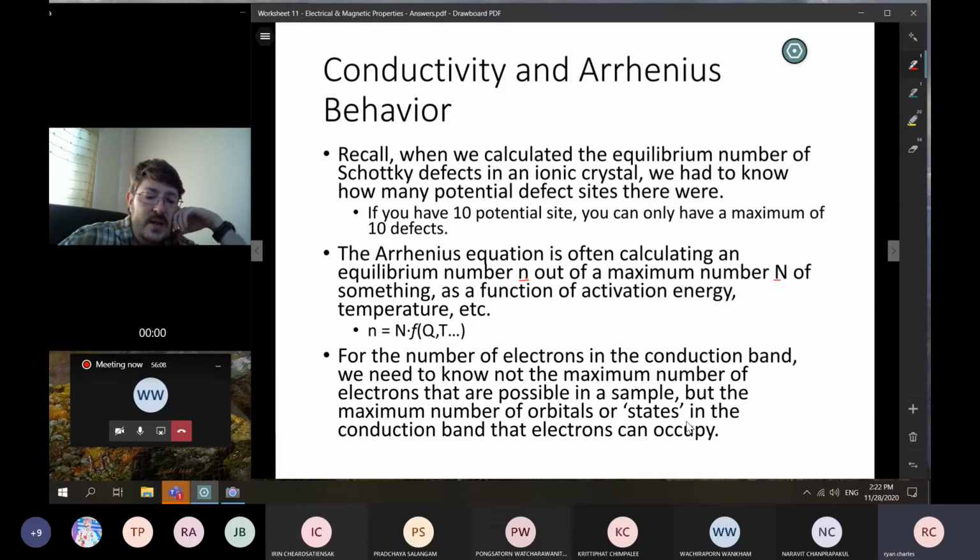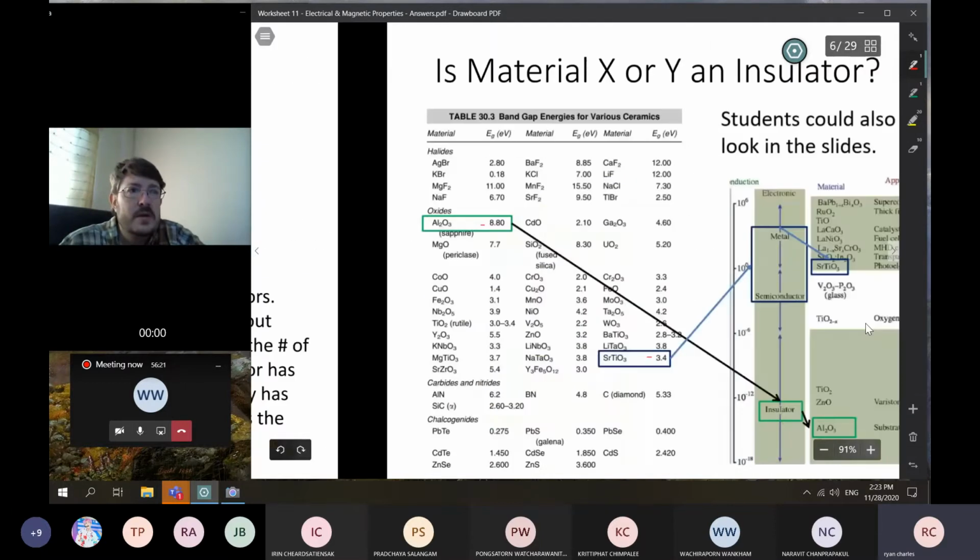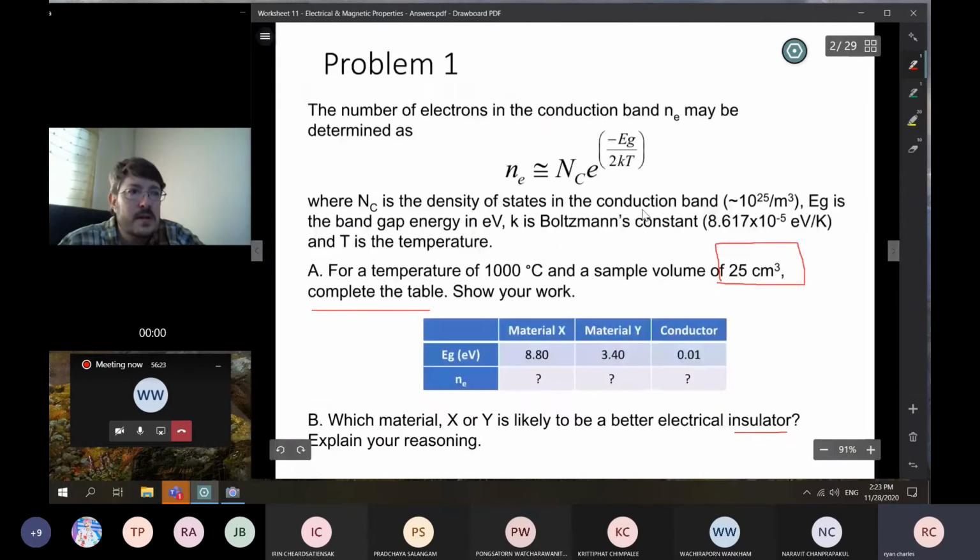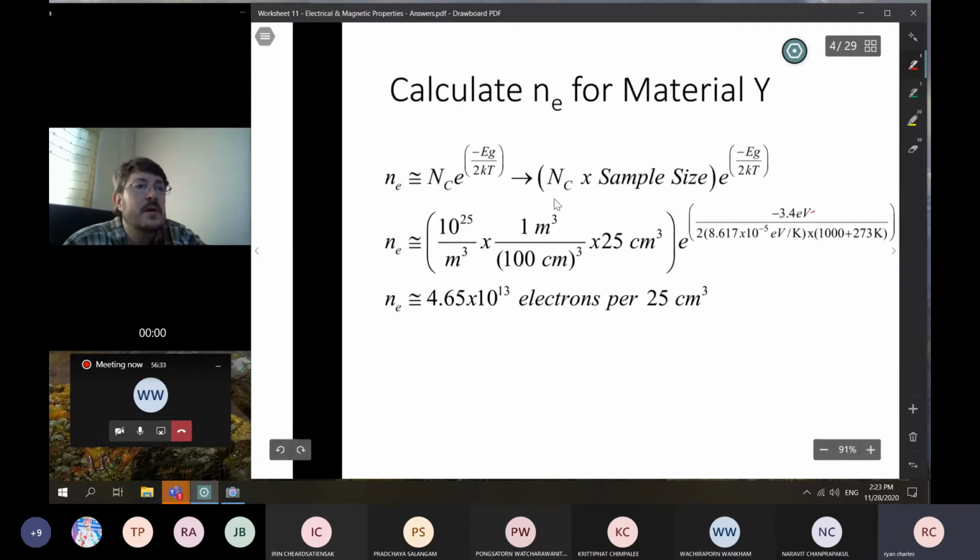The material has an enormous number of electrons, but they can't all go into the conduction band. We need to know the number of potential orbitals up there that they could squeeze into, or the number of states. That's why this N is the density of states, or the density of orbitals or bands up there that we could fill.